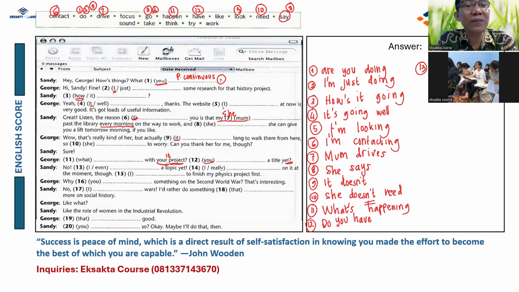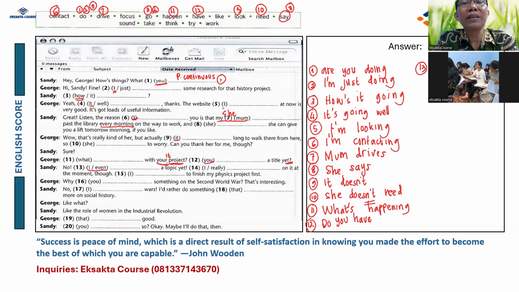Okay, and then number 13. We continue for number 13. I even at topic yet. Okay, it is simple present. It is for negative. I don't even have.